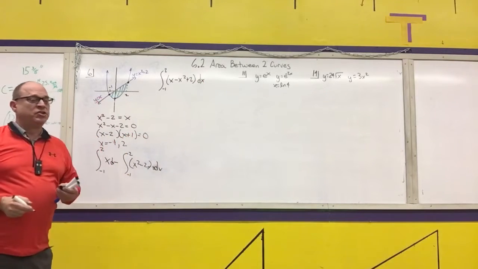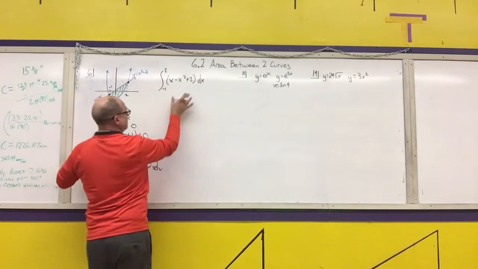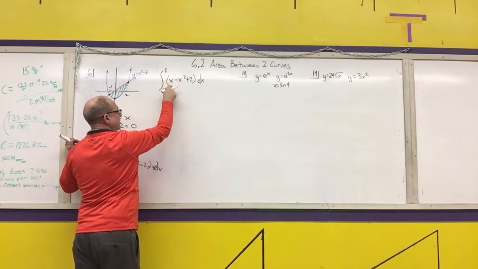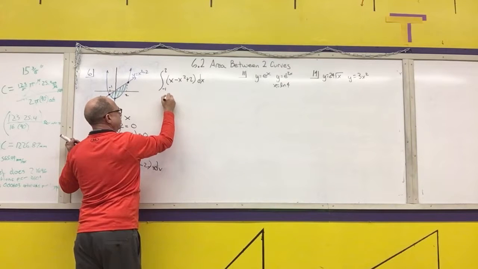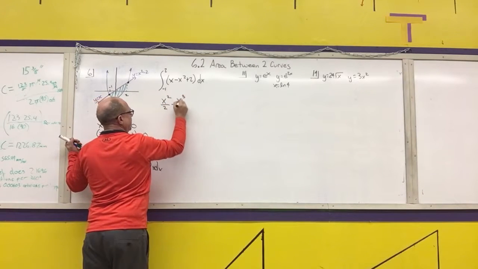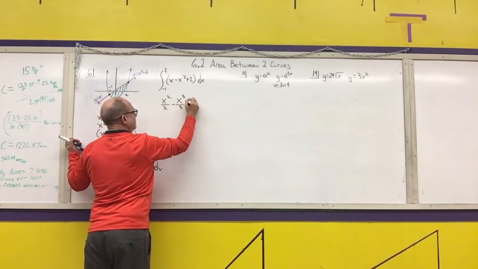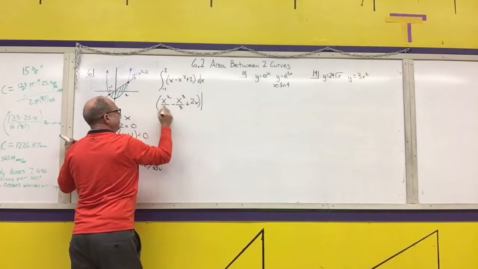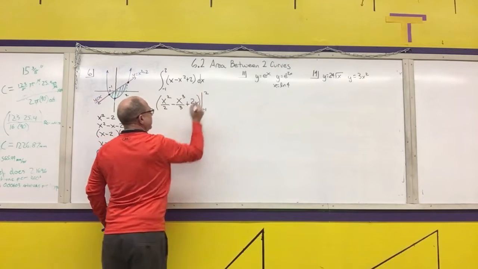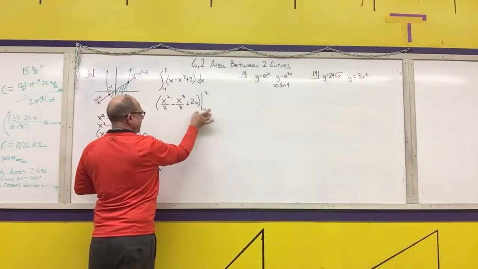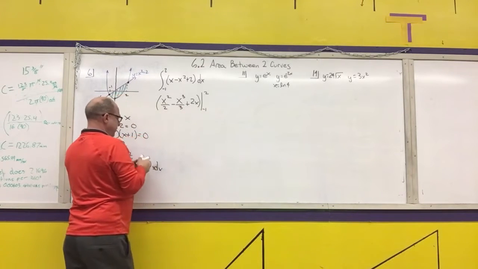And now I'm going to use my general power rule to take the antiderivative. General power rule: add 1 to the exponent and divide by the new exponent. So I'd have x squared over 2 minus x cubed over 3 plus 2x. And I want to evaluate this whole thing between -1 and 2, which means put a 2 into the function, put a -1 into the function, and subtract the two.